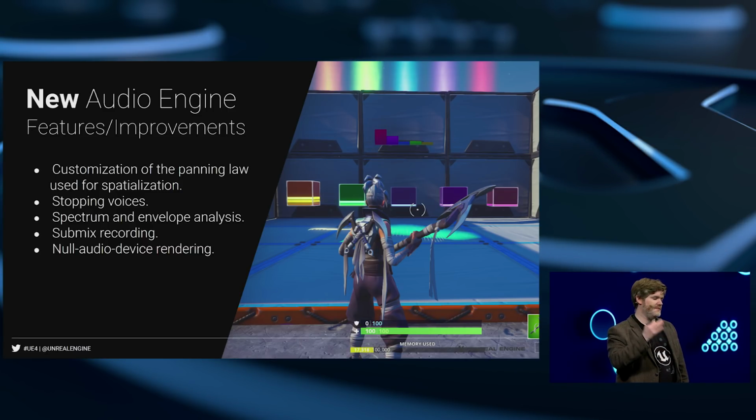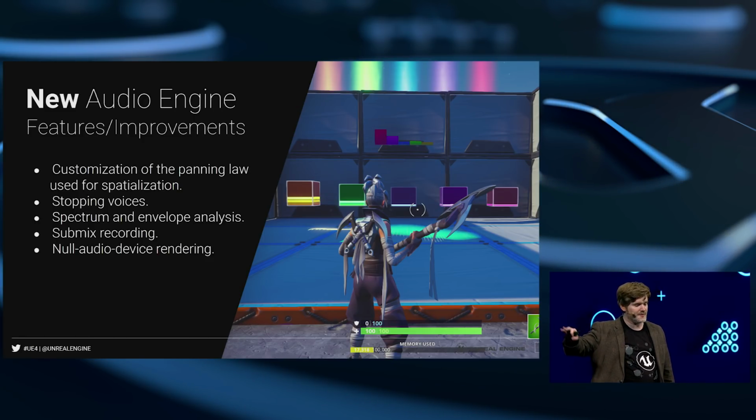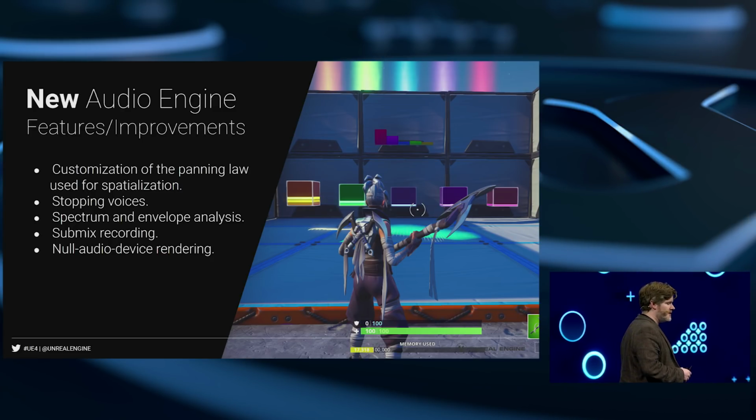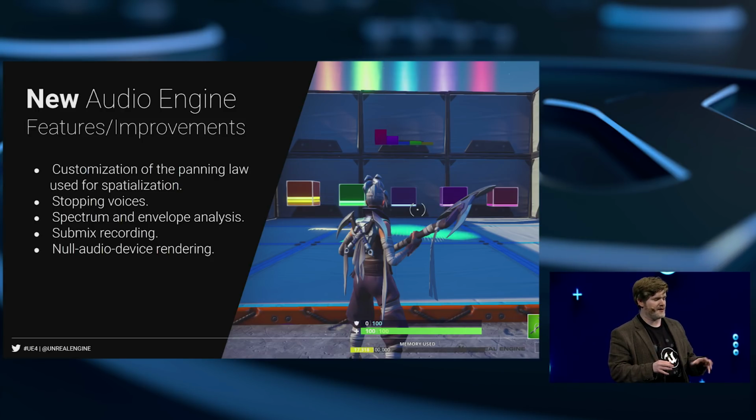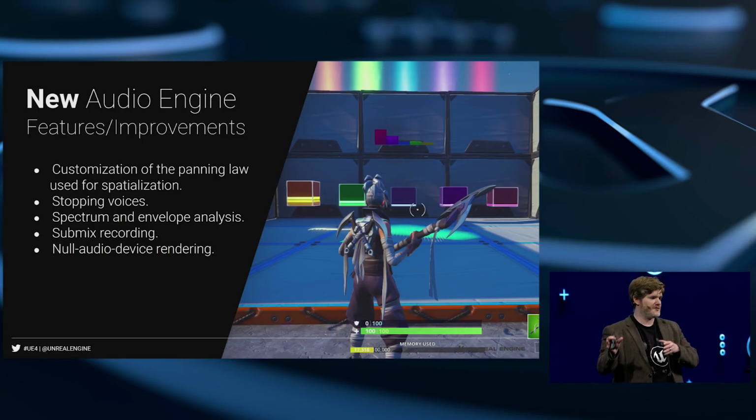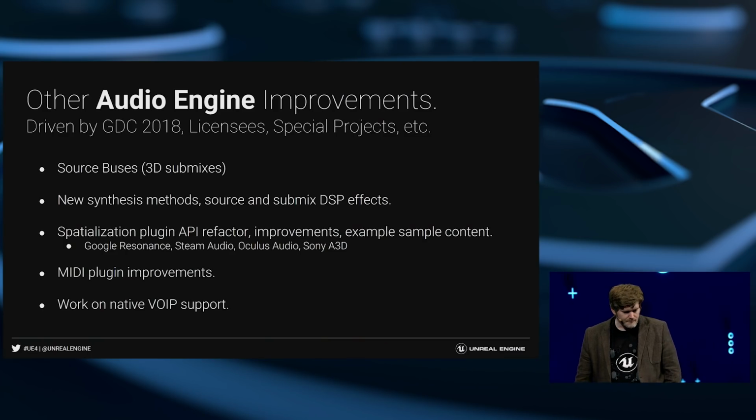This is useful for unit testing, automated testing, and rendering stuff in sort of a build machine, but also pixel streaming where you might want to have a game engine running, generating graphics and audio, and have that stream to a remote location.